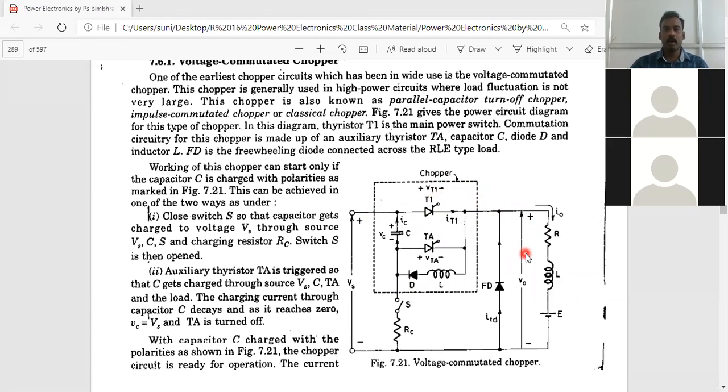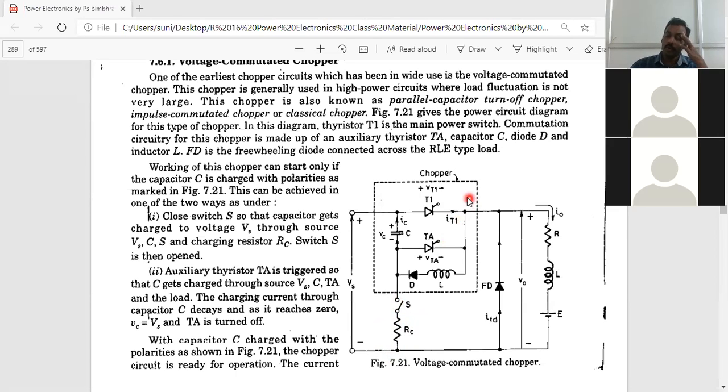Before the operation, we need to consider this capacitor as having positive voltage polarity on the upper plate and negative polarity on the lower plate. For this, a simple arrangement is considered, with this charging resistor and a switch.